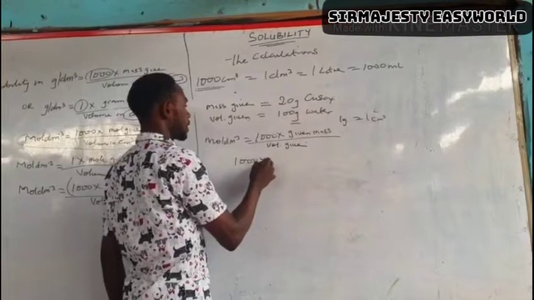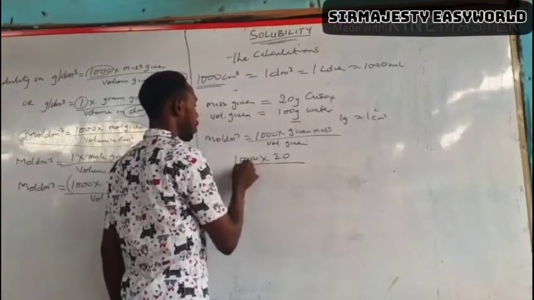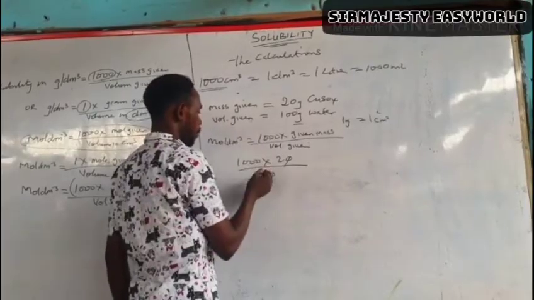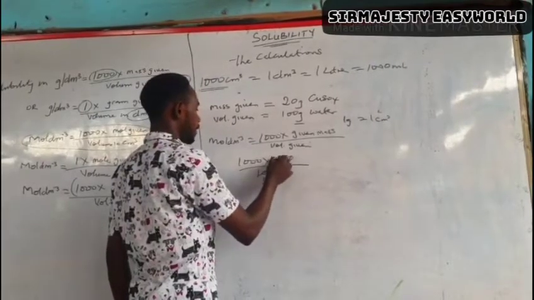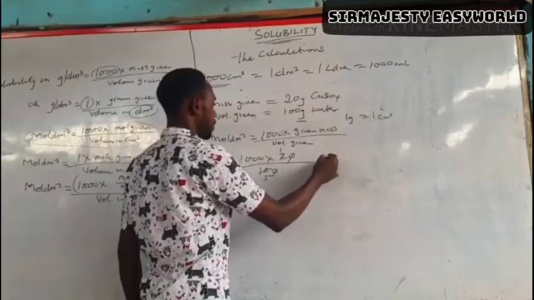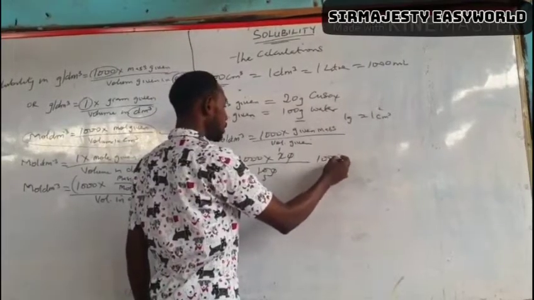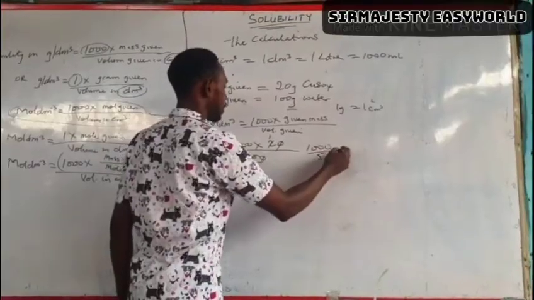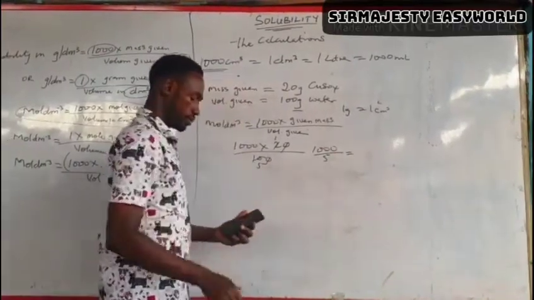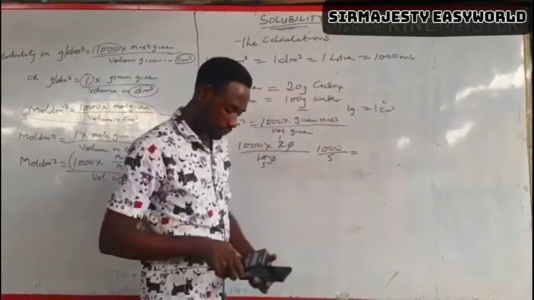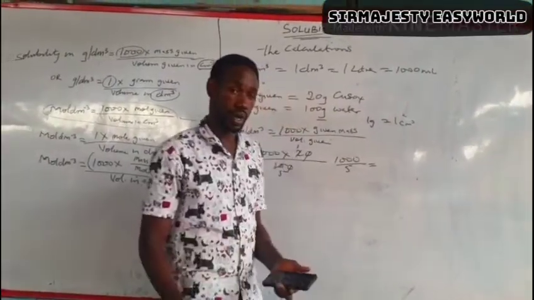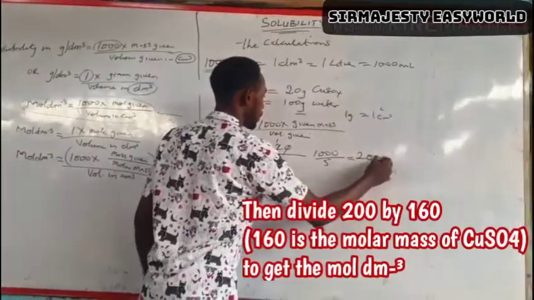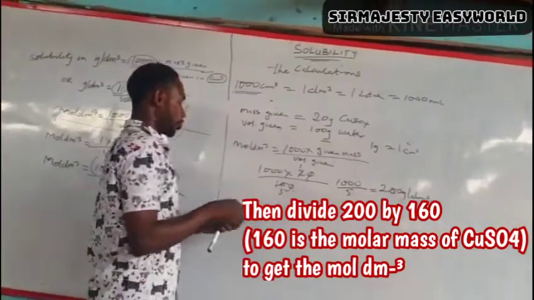What do we have? 1000 times mass given, 20, all over volume given, 100. Cancel, so that what we have here now is 5 and here is 1. So we are left with 1000 divided by 5, which will give us 200. So it's going to give us 200 gram per dm³.